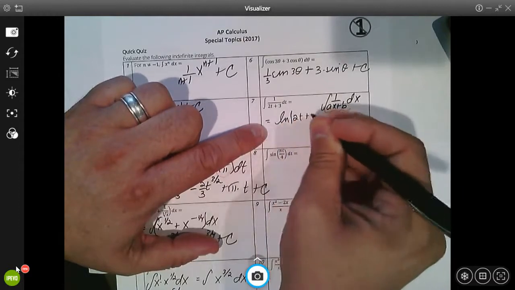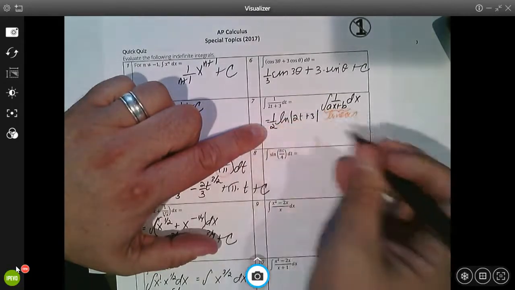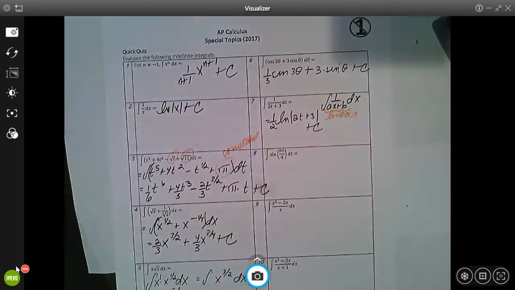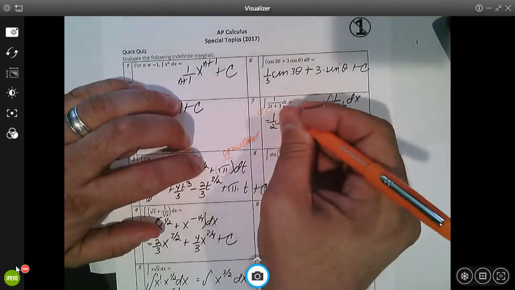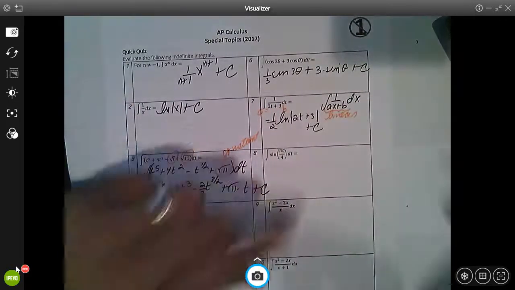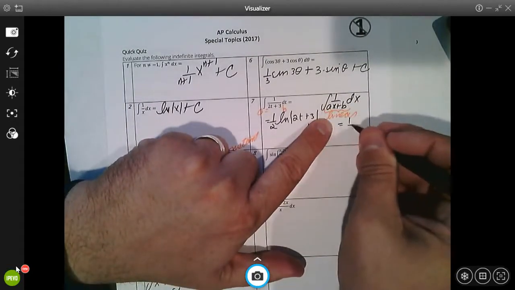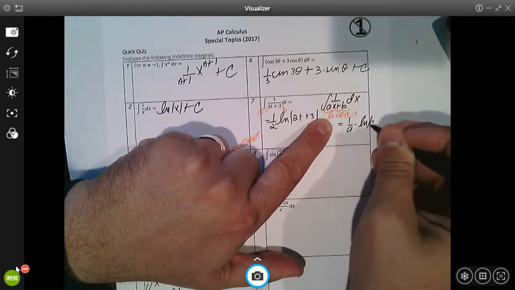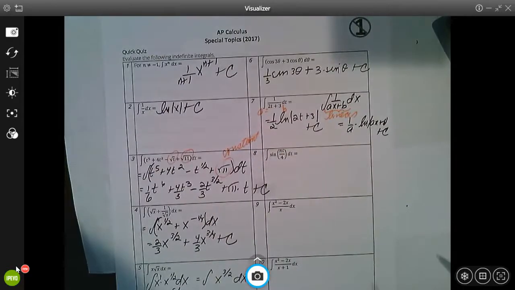This is going to be the natural log of 2t plus 3 times 1/2 plus c. In this case, a is 2, b is 3, and the general form says the integral of 1 over ax plus b is 1 over a, natural log the absolute value of ax plus b plus c.